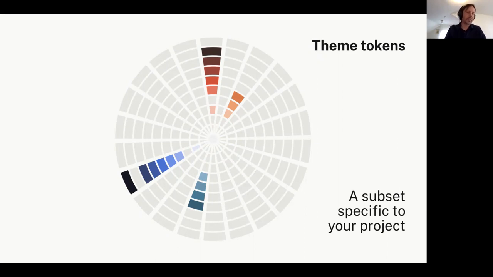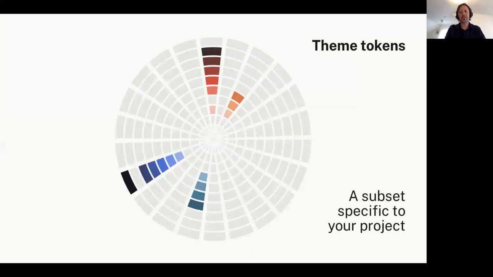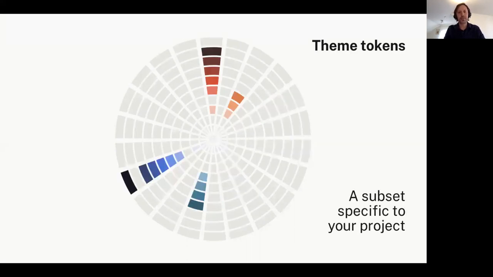Well, every individual project won't need to use all available design system tokens. That's why we have things called theme tokens, which are a subset of the broader token set that's specific just to your project. And these can change depending on your project needs. It may start with these defaults, but you could change your theme tokens to be something like this. So your primary color might be green instead of red.